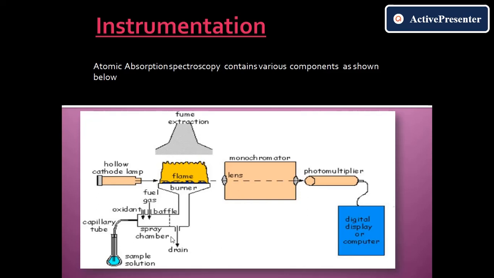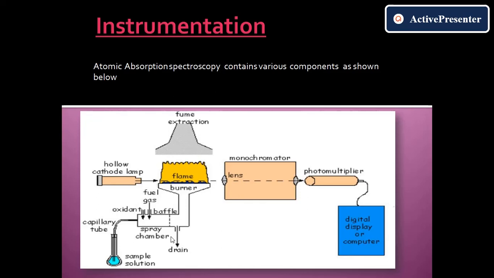Then, by the process of nebulization, that is the conversion of the sample into small droplets, it is converted into droplets. Then dissociation takes place, and finally it is converted into the gaseous form, that is in the ground state.